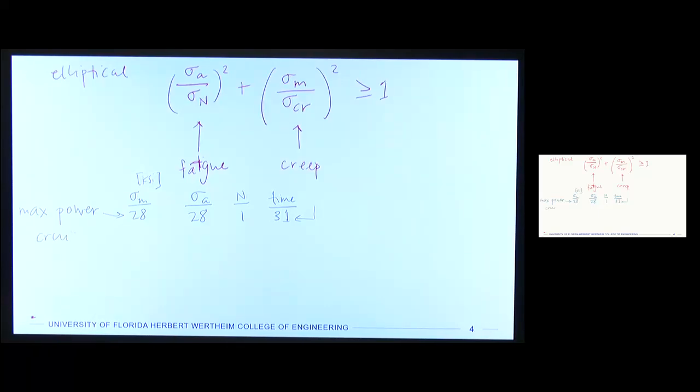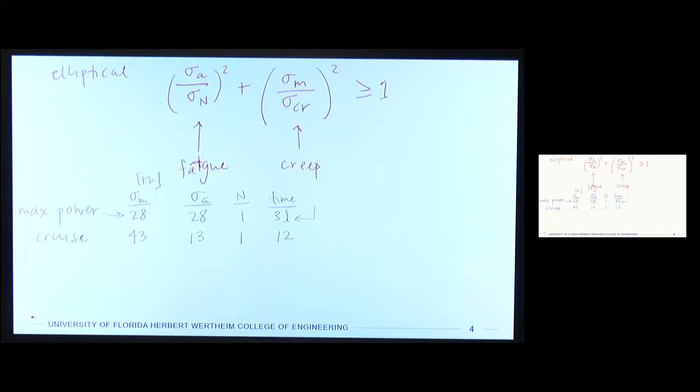So the next segment, or the next power setting, was cruise. So I'm kind of going to note that for that one, we had a mean stress of 43, amplitude 13, we had 1 cycle, and we had sort of 12 minutes at that power setting.